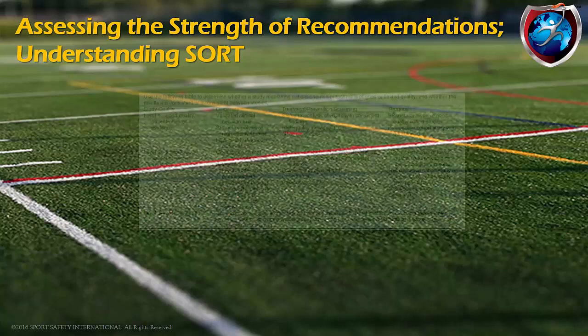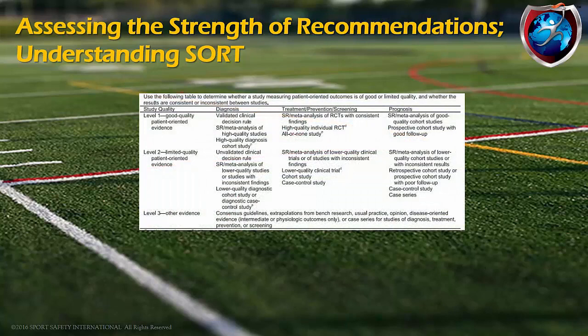Level 1 studies are of the highest level and utilize good quality patient-oriented evidence. Level 2 studies are of limited quality patient-oriented evidence, while Level 3 studies offer other evidence including guidelines, extrapolations from bench research, usual practice, opinion, or case series.